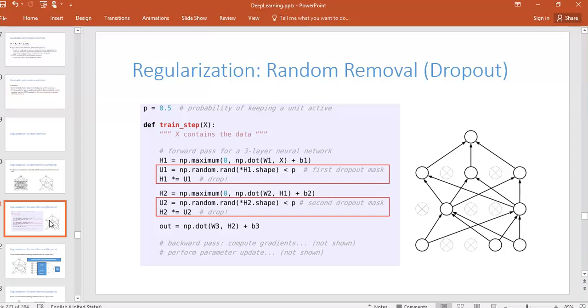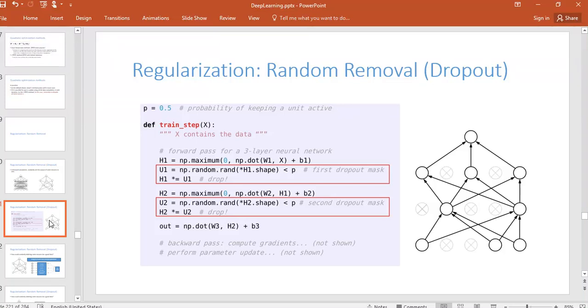It means that some of them are equal to 0 and the rest are multiplied by 1. We want the probability of producing 0 to be equal to p, so the probability of producing 1 must be 1 minus p. So we compare the generated random number with 1 minus p. If this random number is smaller, it becomes 1.